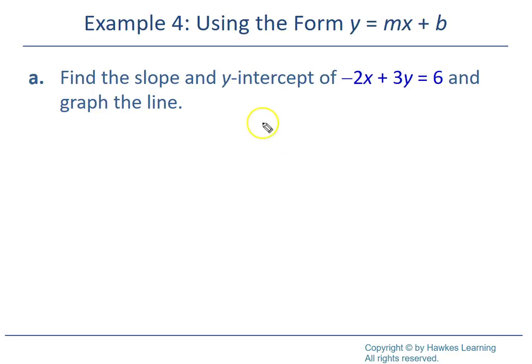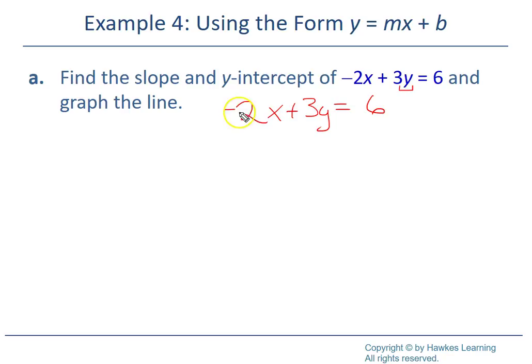So for something like this, it is in standard form. We want to solve it. Let me write it out here for you: 2x plus 3y equals 6. Now, to go from standard form to slope-intercept form, we have to just solve for this y right here. And we did some of that in an earlier chapter.